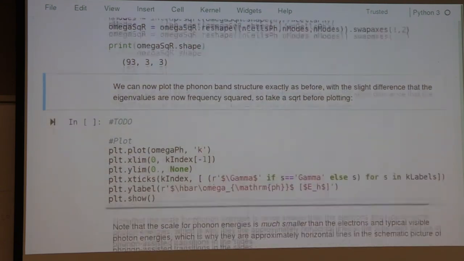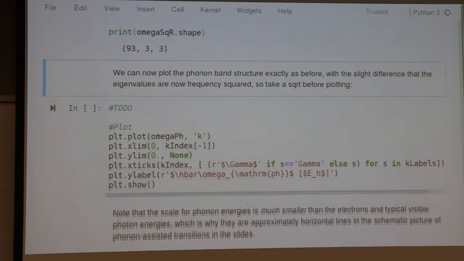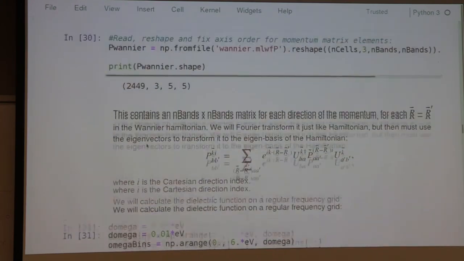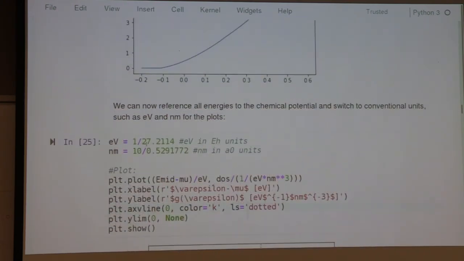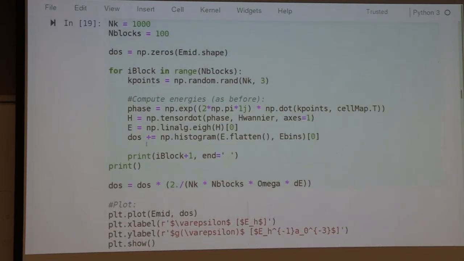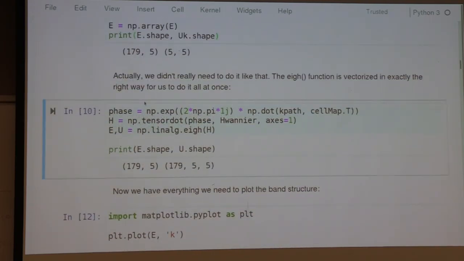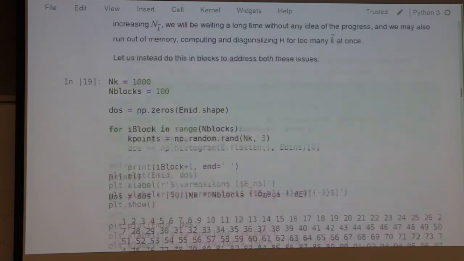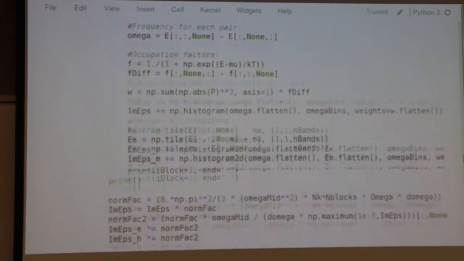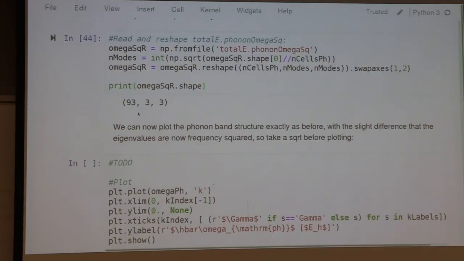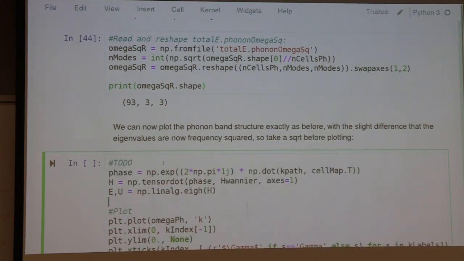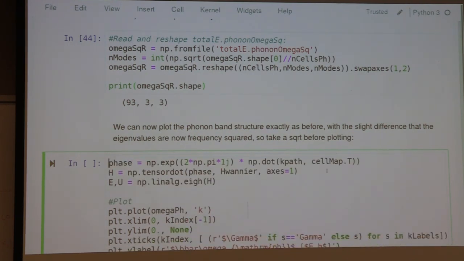Right? And once I have that, I can copy over my band structure plot exactly as before. Right? And everything remains exactly the same. I just use the different cell map.